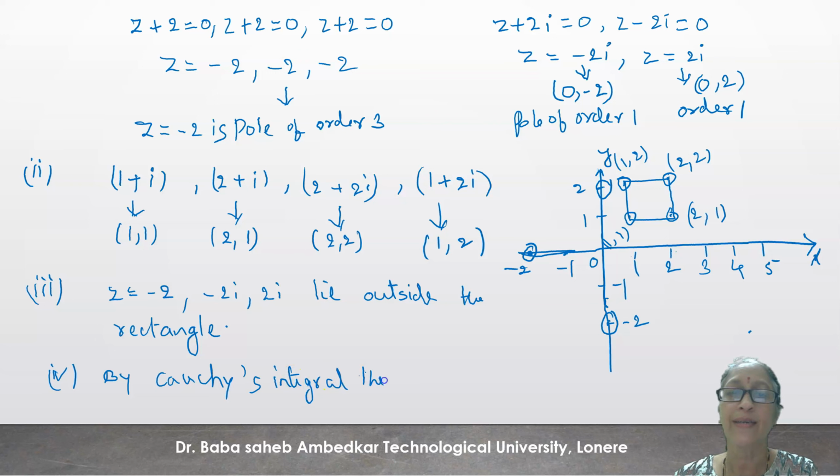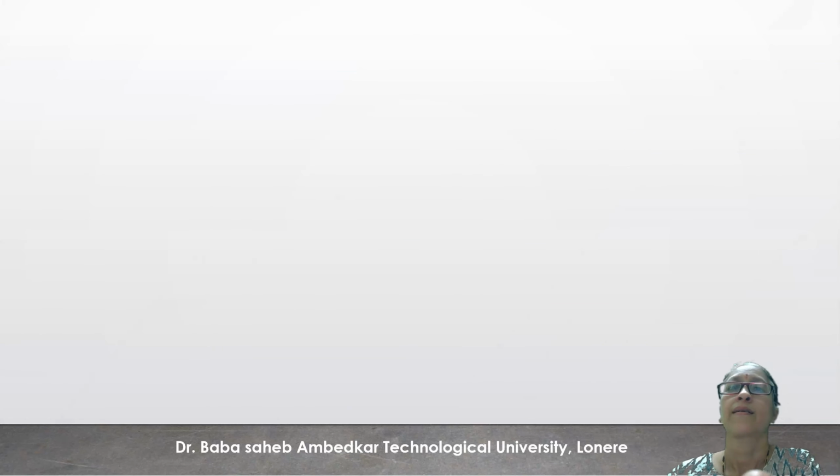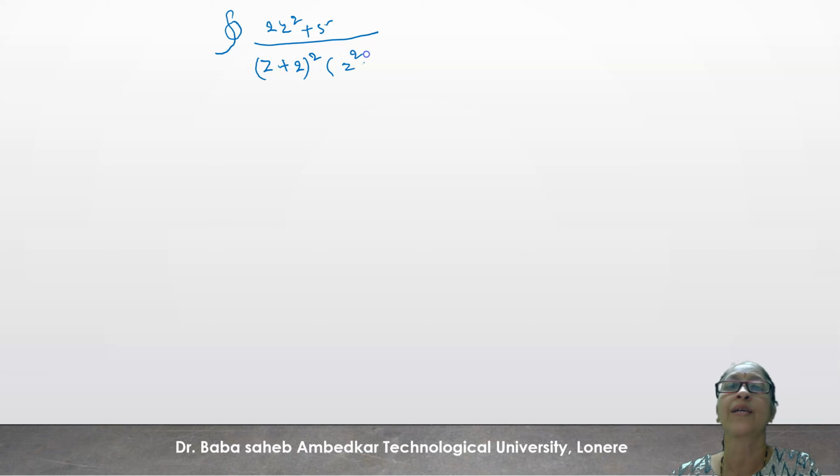By Cauchy's integral theorem, the integral of f of z by z minus a dz will be equal to 0. That means the contour integral of 2z square plus 5 upon z plus 2 whole cube into z square plus 4 dz equal to 0.